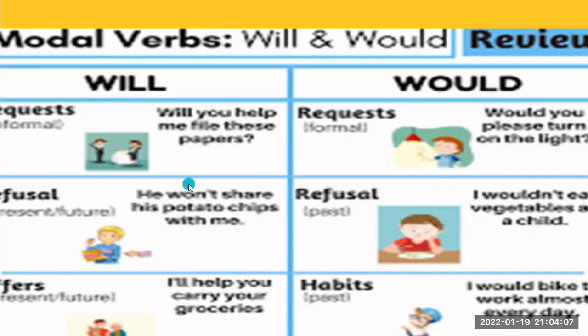That's a polite request. He won't share his potato chips with me. That's refusal. He wouldn't, talking about the past. I'll help you with your laundry. I would bike to work almost every day.